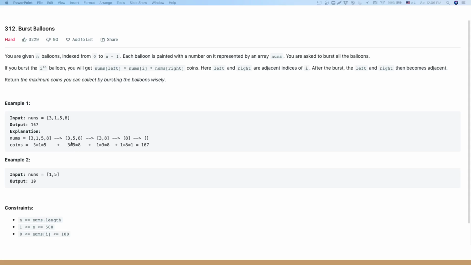Within this layer, we collect the value 3 times 5 times 8, the left-hand side of 5 and the right-hand side of 5. Now we only have 3 and 8 left, and we burst 3. Be careful, in this case we multiply 3 times 8, and we also multiply by 1. That 1 is a virtual boundary, which we have to manually add, otherwise the solution cannot be solved.